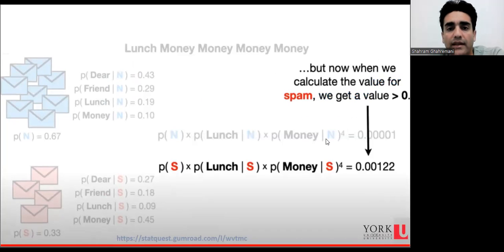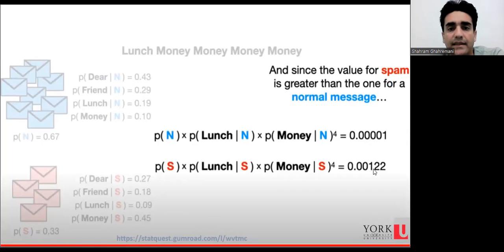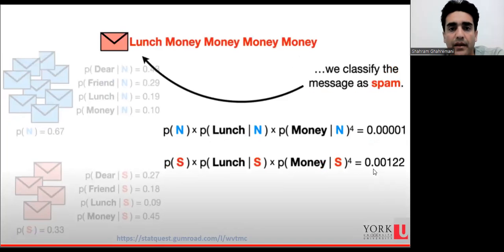But now when we calculate the value for spam, we get a value bigger than 0. You can see here, a tiny number, but it is not 0. And since the value for spam is greater than the one for a normal message, we classify the message as spam.